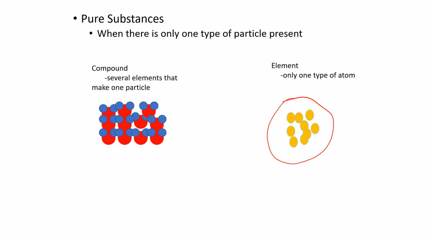Now, a pure substance can also be something like this. This is water, and each one of these things is a water particle or a water molecule or compound. And there's only one type of particle there, one type of compound, but we still call that a pure substance.